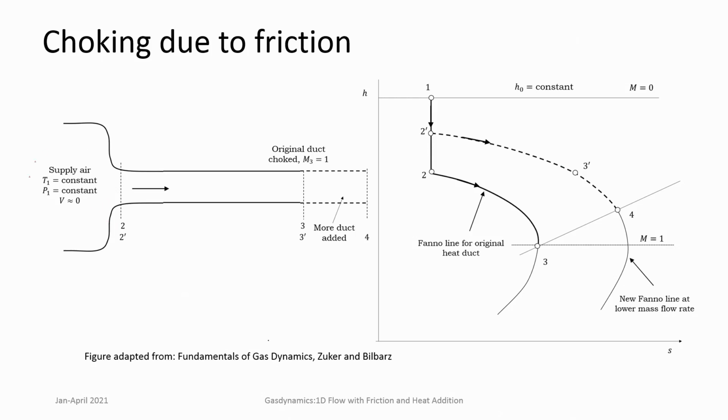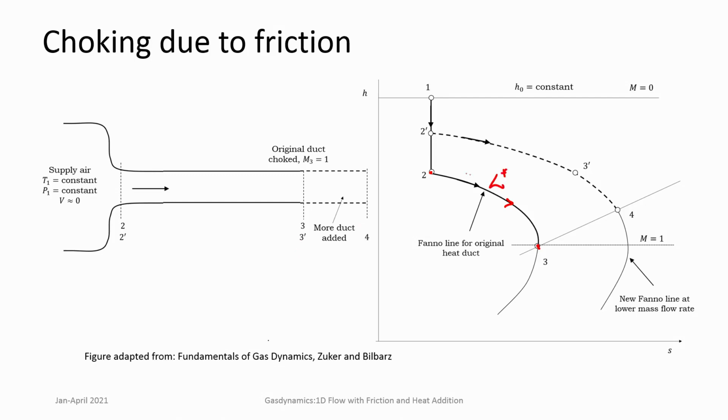So, you have given stagnation conditions, where we have a certain P1, T1 which remains constant. So, initially this is the initial point, started with 2 and goes to 3 here, along the particular Fanno curve, and if it goes to Mach number equal to 1 at 3, then it is the maximum length.